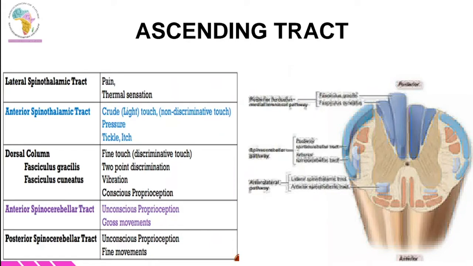But for the sake of this presentation, we will just focus on the two ascending pathways: the posterior funiculus medial-lemniscal pathway, or the dorsal column medial-lemniscal pathway, and the anterolateral pathway, or the anterolateral spinothalamic pathway.